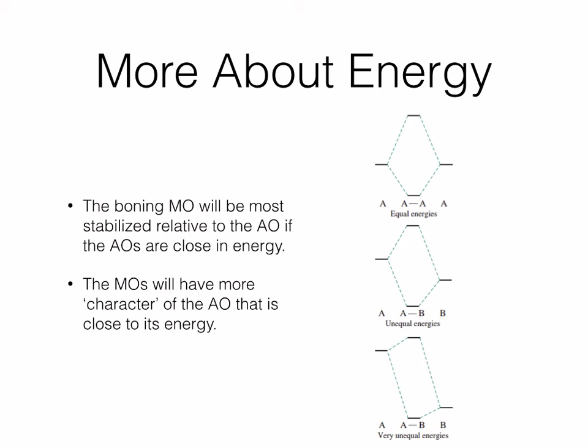And if the energy difference is really significant, then essentially the bonding and anti-bonding MO would be the two atomic orbitals themselves. So in all the cases, you also notice that the bonding MO's energy is close to the atomic orbital that has lower energy. And in fact, it also has more of its character, so it looks more like the atomic orbital that is closer to its energy.